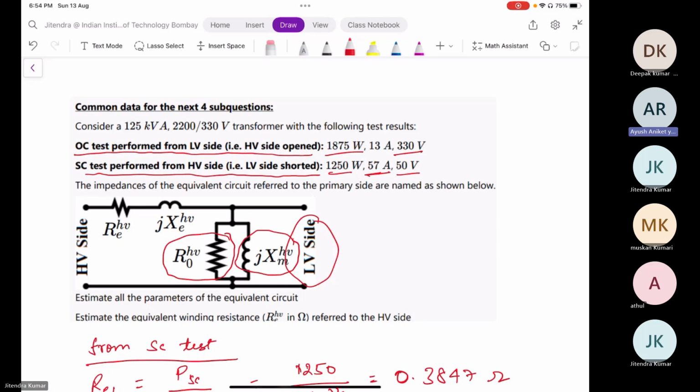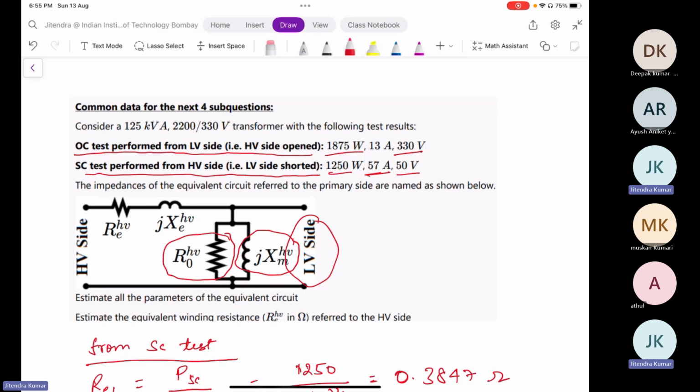The LV side voltage is given, and I can calculate the current flowing through the resistor, which is magnetizing current into power factor cos phi naught. Then we simply take the ratio of low voltage side voltage upon I naught into cos phi naught.